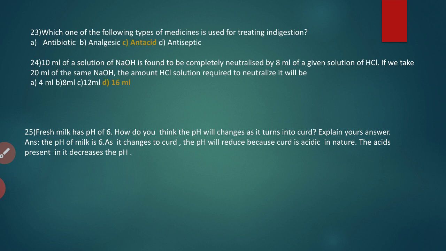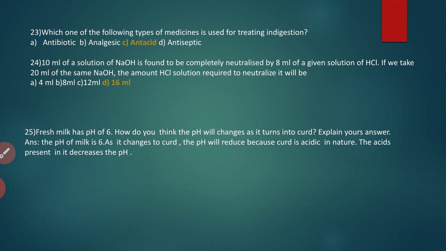It is a medicine that helps to kill bacteria. Analgesic is a substance that reduces pain. Antacid is a base, it neutralizes excess acid. And antiseptic is a cream or liquid that reduces the possibility of infection.